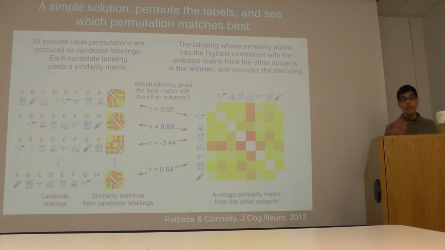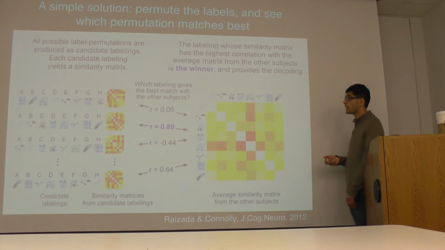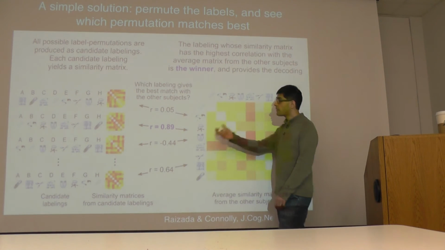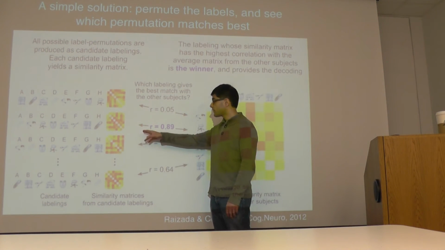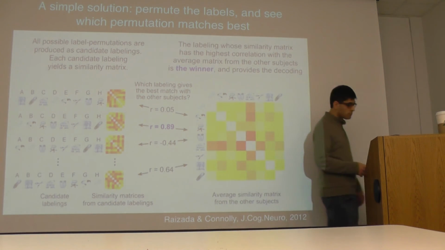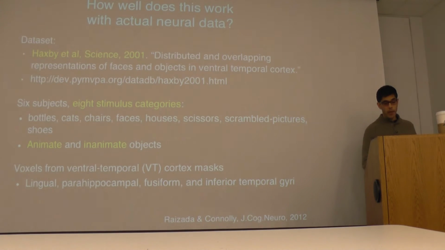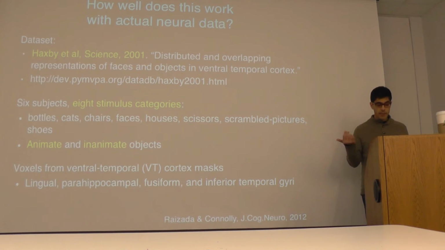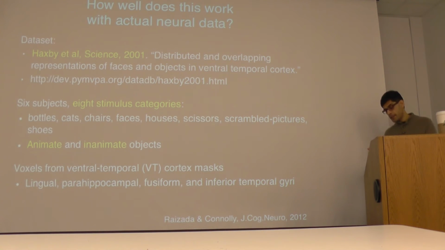So if neural similarity space is really capturing what makes different people's representations alike, then jiggling around the labels to give the best match of the neural similarity matrices should end up giving us the right labels most of the time. So you've got 6 subjects in 8 different categories, so you have 48 different labelings altogether.